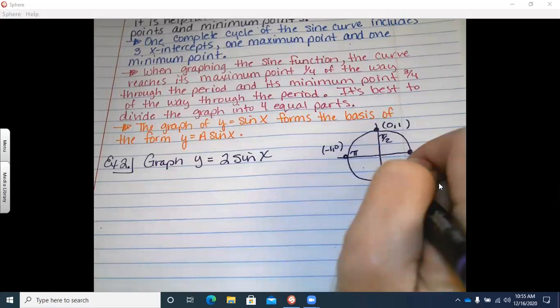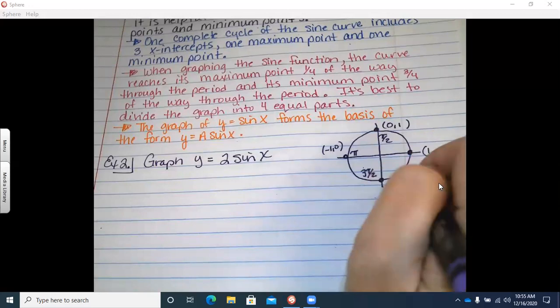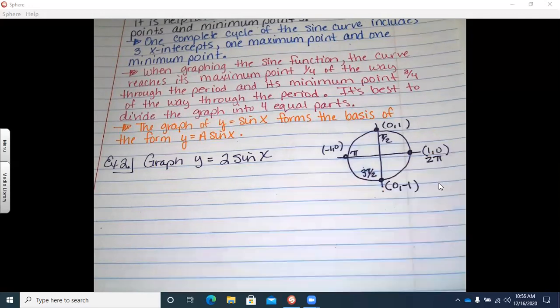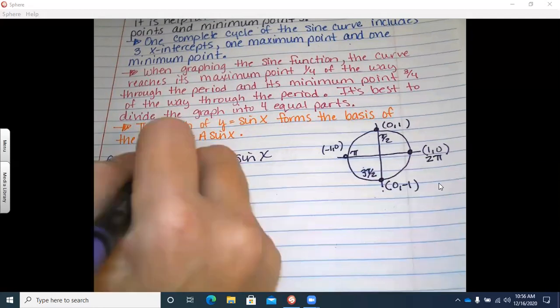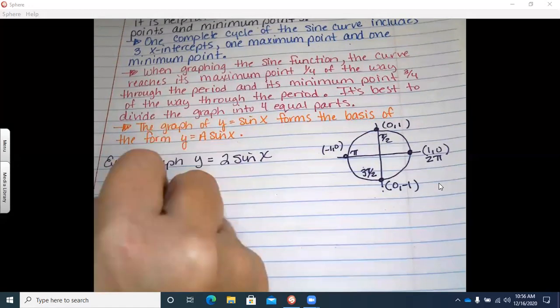Now we're going to want to make a table of values. And I'm going to show you how to solve some of these simple trig equations. Okay, they're going to get more difficult, but not today.